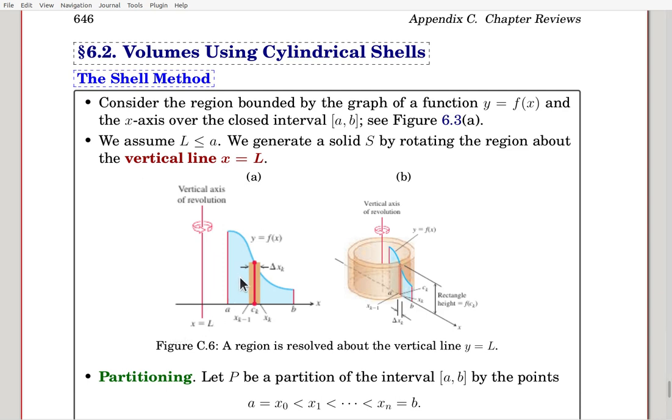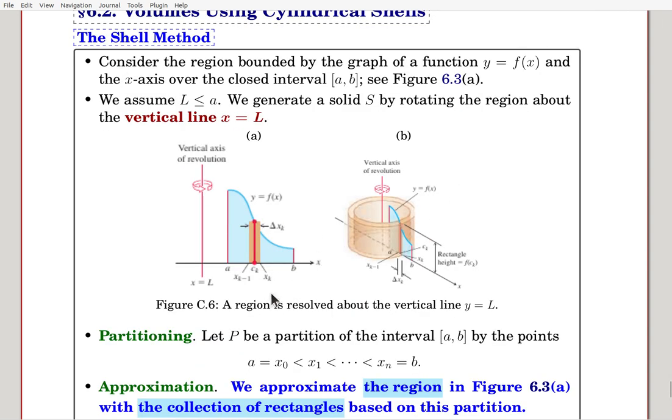So as in this figure, this region is rotated about the vertical line x equals L. Then we'll get a solid here. For the computation of volume, we first try to approximate the region with a partition.